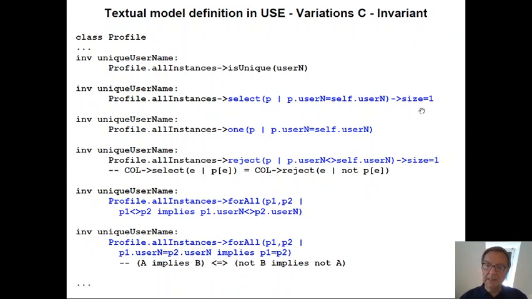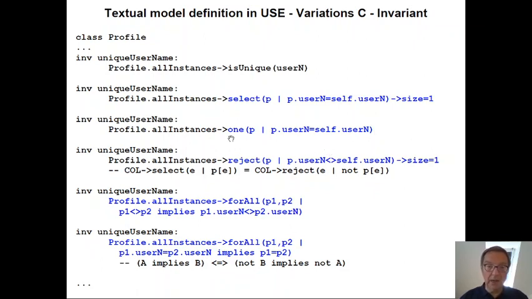This counting here, size equals 1, can also be done in an alternative way. Instead of using the selection here, we have a very sharp existential quantifier which requires the existence of exactly one object, P, such that p.username is equal to self.username.